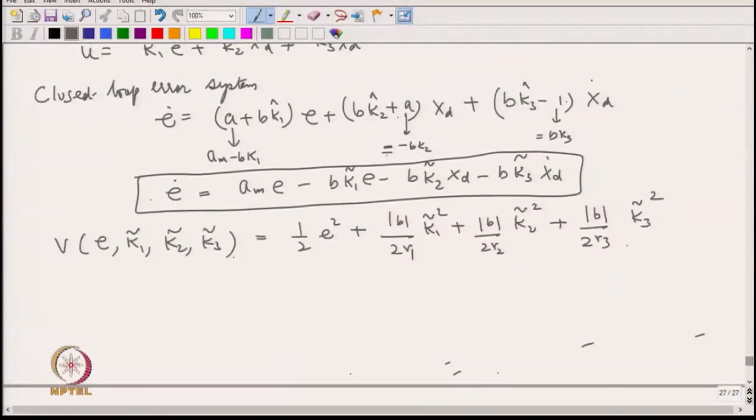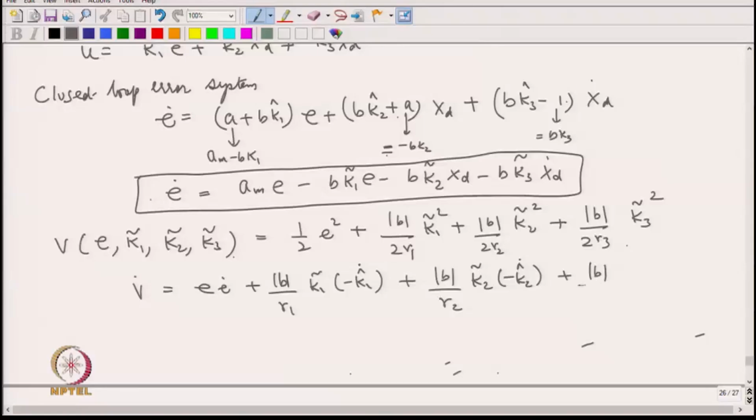Okay, so let us now take the time derivative and substitute for the error dynamics. So, V dot is given by E dot plus... Okay.